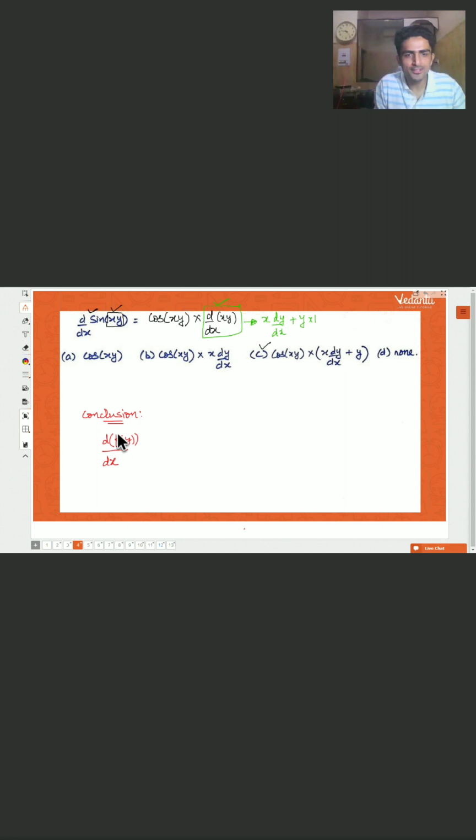So whenever we are differentiating some function of y with respect to x, we cannot differentiate straight away. We just take this dx here and divide, multiply by dy.